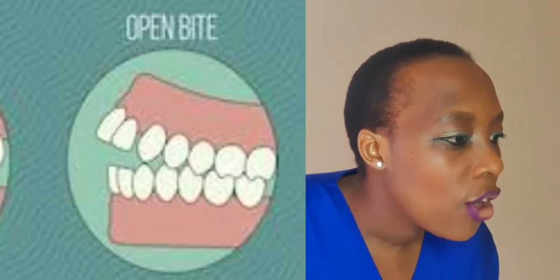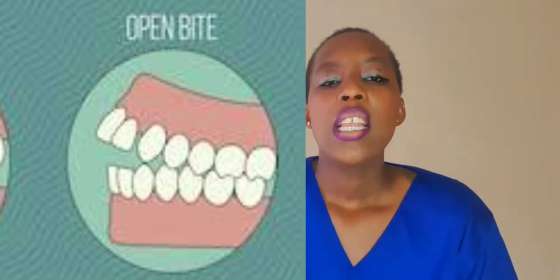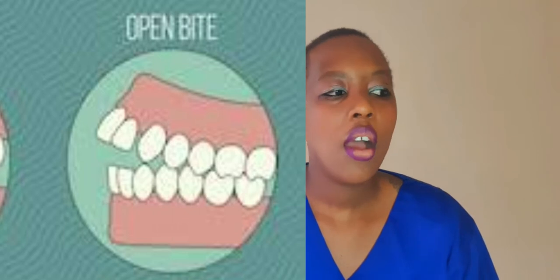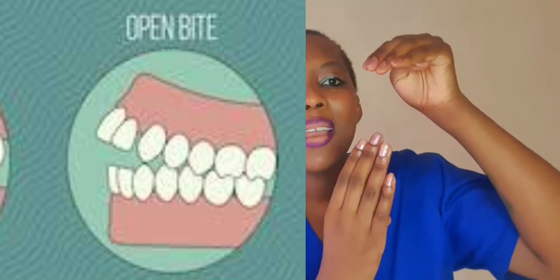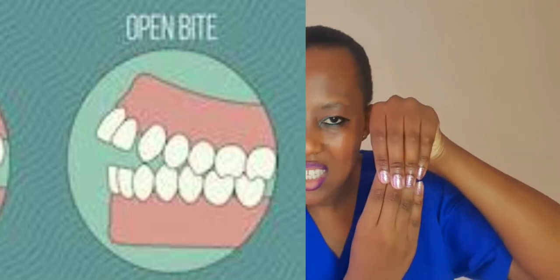And then from there, they talk about an open bite. An open bite is a lack of vertical overlap of the maxillary incisors and creates an opening of the anterior teeth when occluded. Basically, guys, an open bite is when the maxillary incisors do not overlap onto the mandibular incisors. Does that make sense?